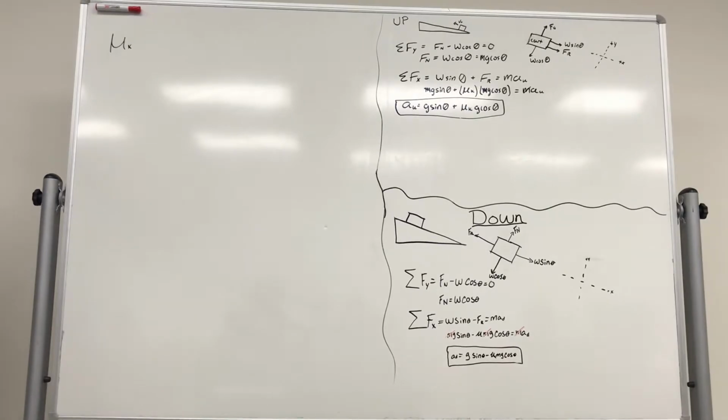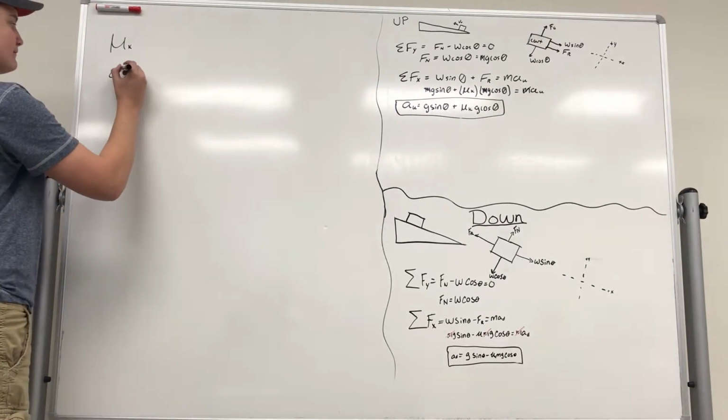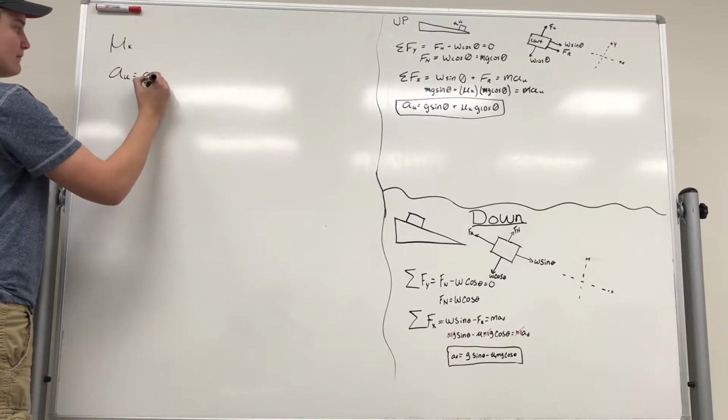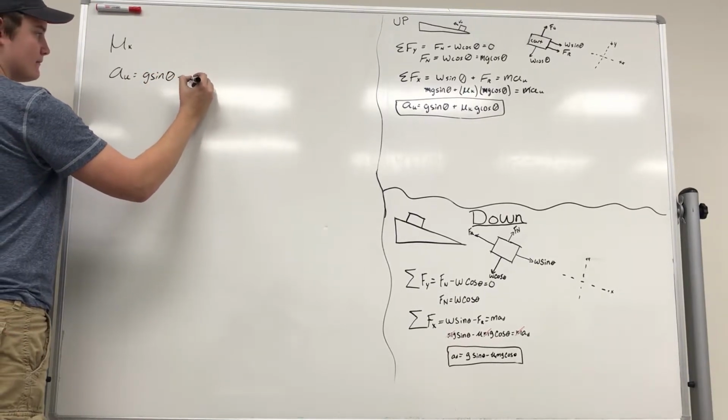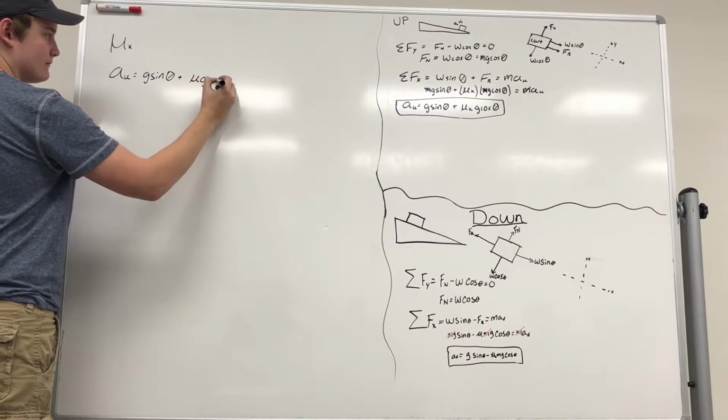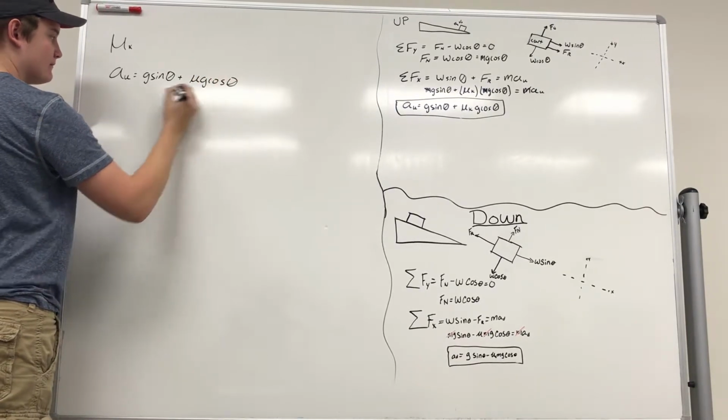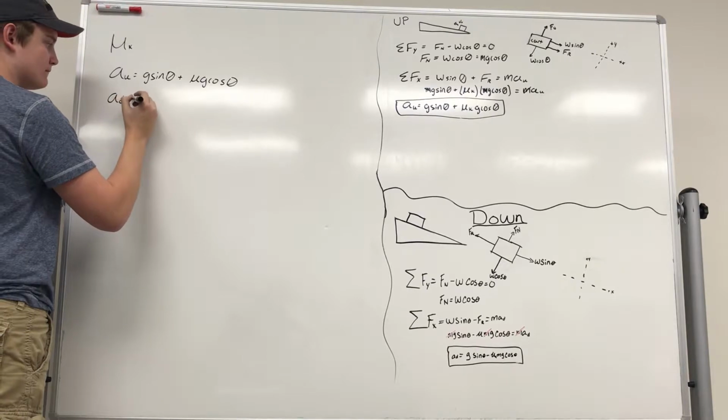In order to find the coefficient of kinetic friction, we take the formula from the cart going up as g sine theta plus mu g cosine theta, and then we take the equation as the cart went down the ramp as g sine theta minus mu g cosine theta.